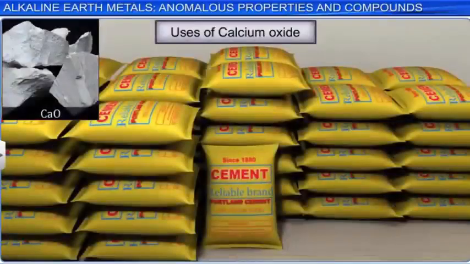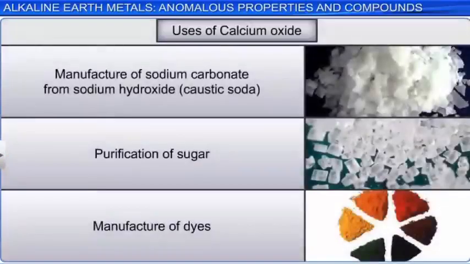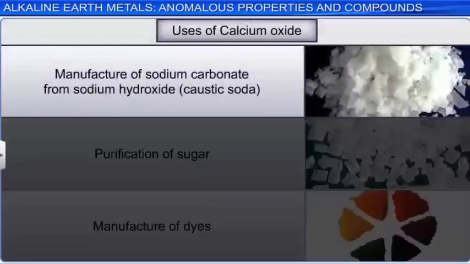It is necessary for the manufacture of cement and is the cheapest form of alkali. It is used to produce sodium hydroxide, also known as caustic soda, from sodium carbonate. It is used in the purification of sugar and in the manufacture of various dyes.